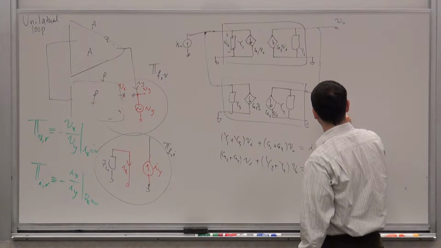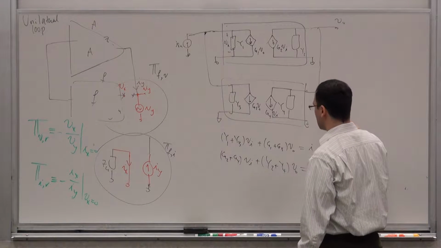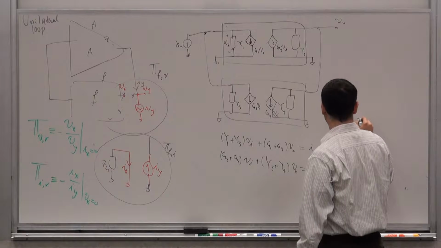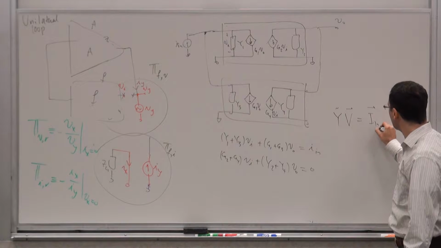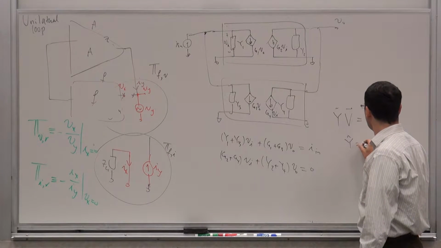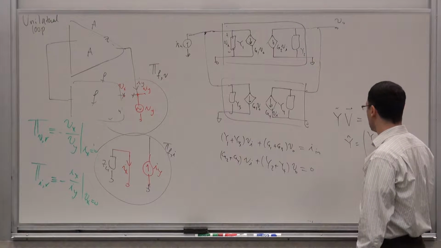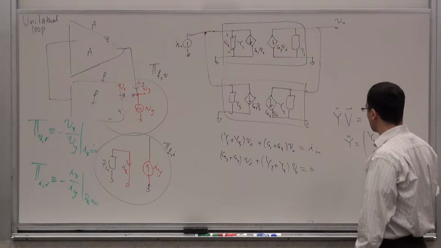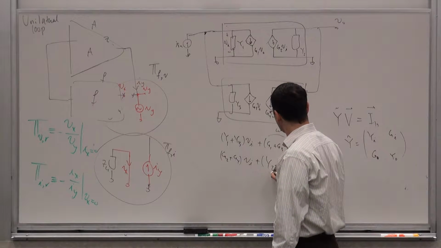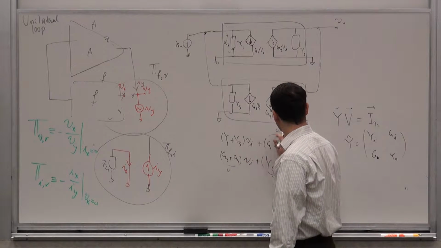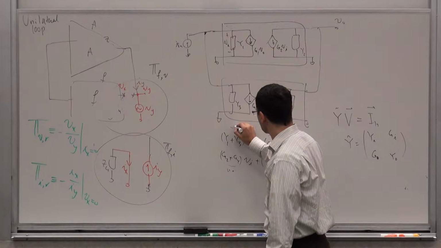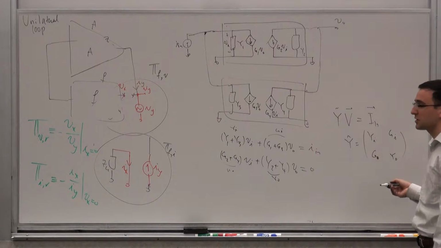So I can write this as Y matrix times the voltage vector is equal to the current stimuli I_A, where Y is YI, YO, GI, GO. So I define this as GO, define this as YO, this is GI, this is GO, and this is YI. So it's basically a matrix representation of that.